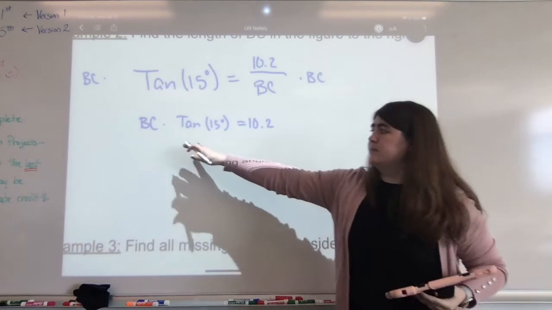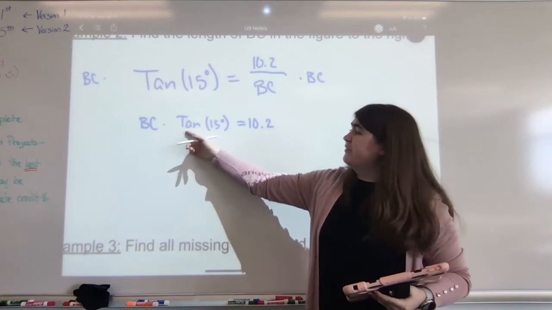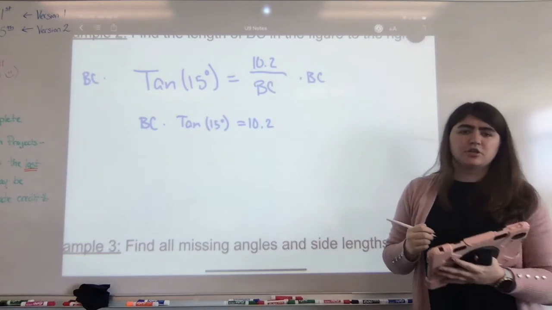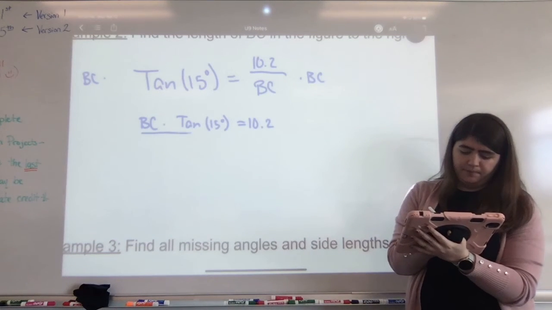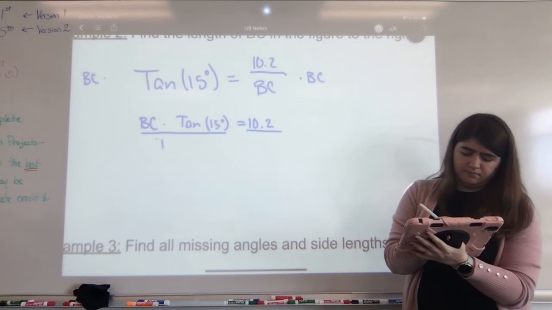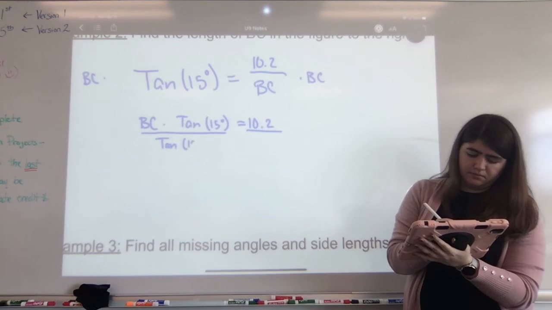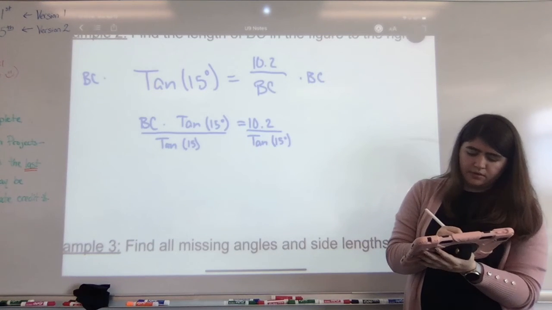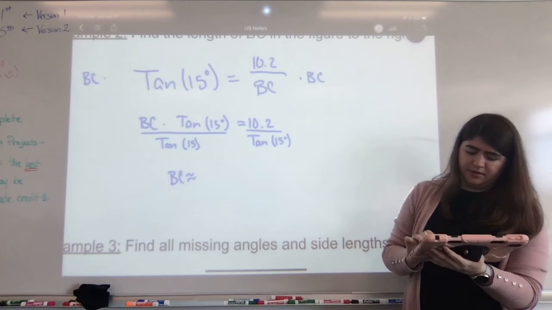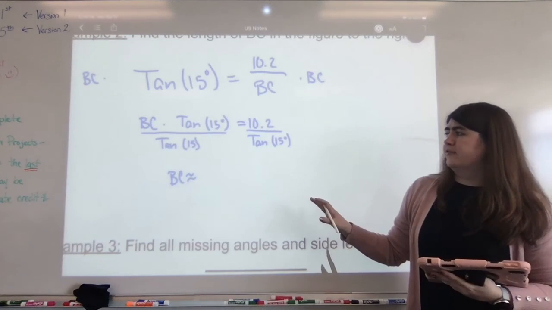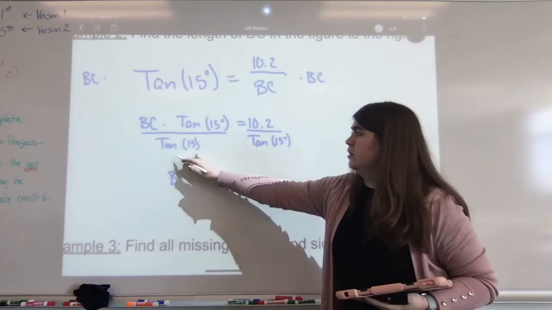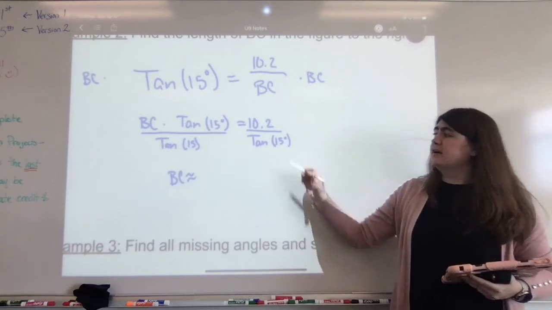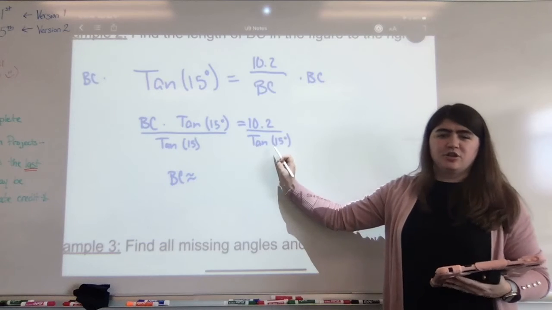I still need to get BC by itself, so I'm going to divide out the tangent of 15 degrees from both sides. So then I'm going to take a moment and write out that BC is approximately equal to, and from here, this cancels out. What we're typing in our calculator is 10.2 divided by the tangent of 15.